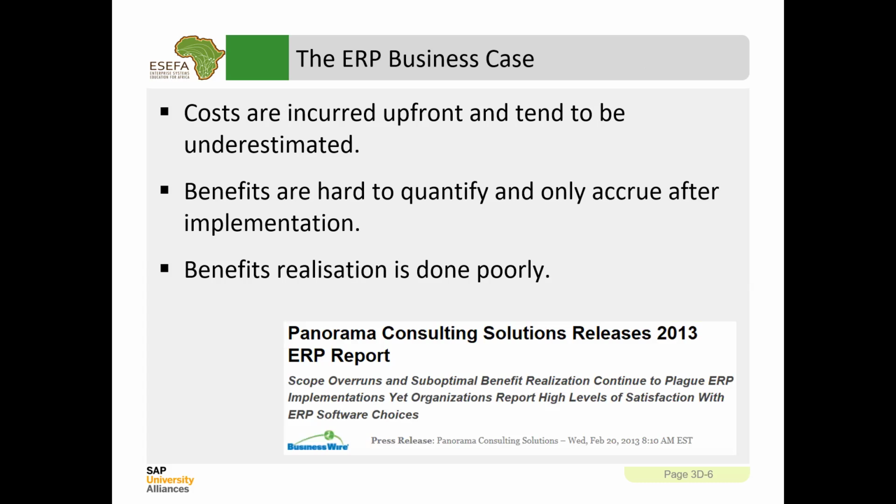So costs are incurred upfront, and there is a tendency for us to underestimate them. Underestimation is just like saying, okay, I bought a brand new car, and you are not concerned with maintenance. You are not thinking about what the service charge is like, how frequently I am going to maintain this car.